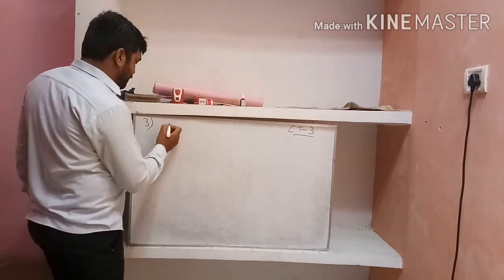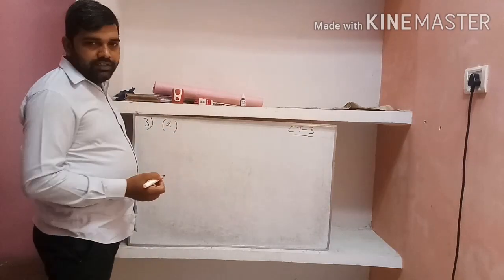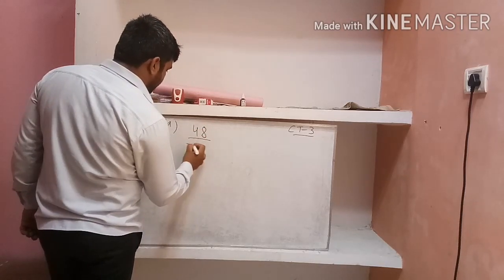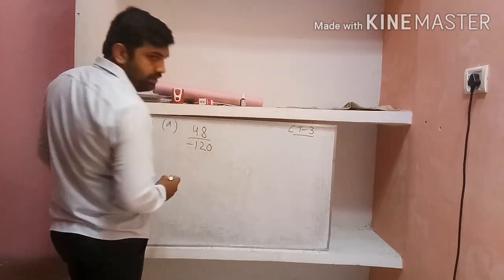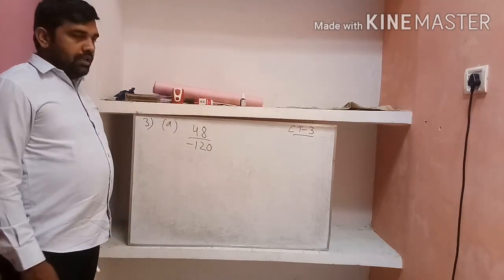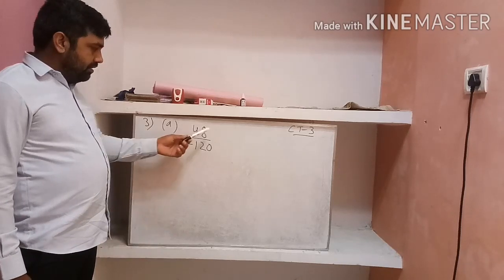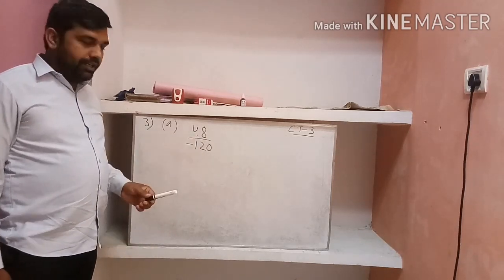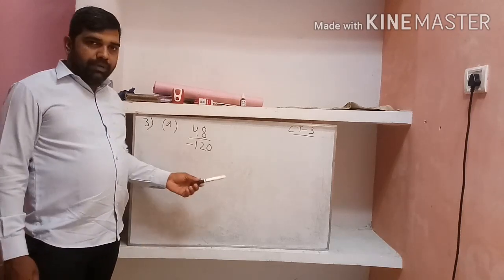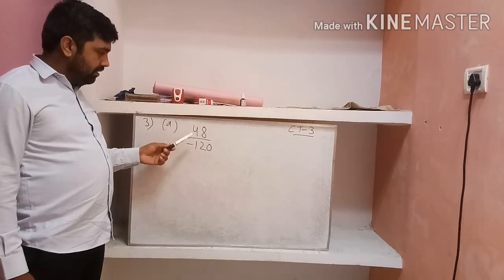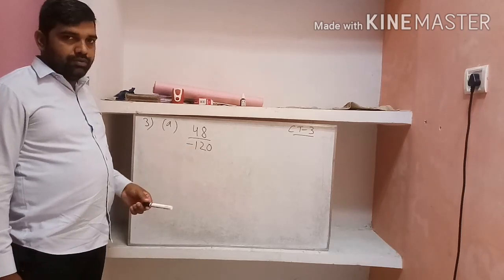Third A question, you see how we write in the simplest form 48 upon minus 120. Simplest form means you divide the numerator and denominator by a number such that the number divides 48 and 120 both.